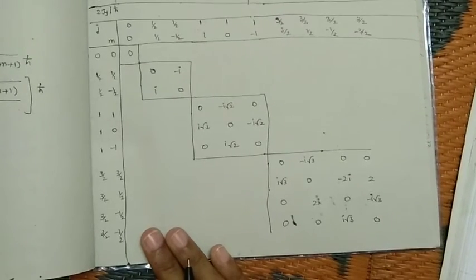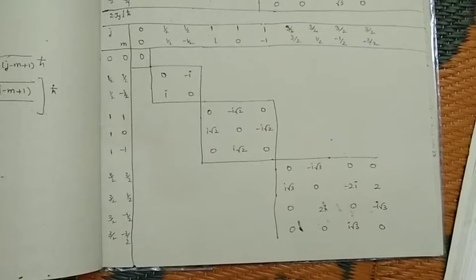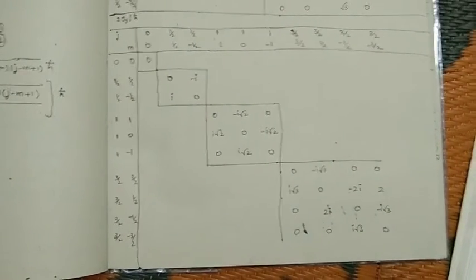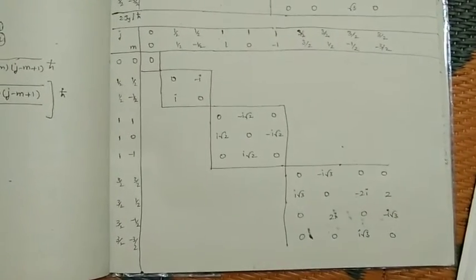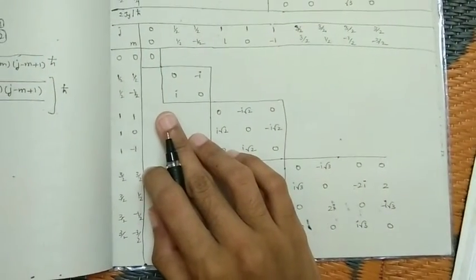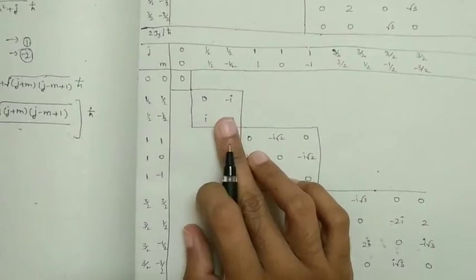So like this, we can find Jx and Jy matrices from the corresponding J plus and J minus matrices. Even in the previous video we derived the 2 by 2 J square and Jz matrices. So this is the 2 by 2 Jy and Jx matrices.